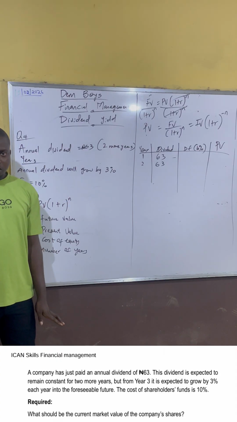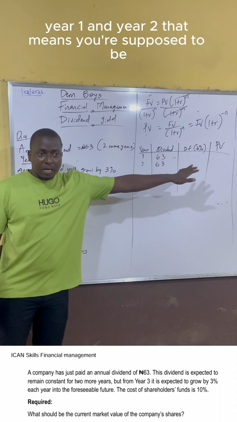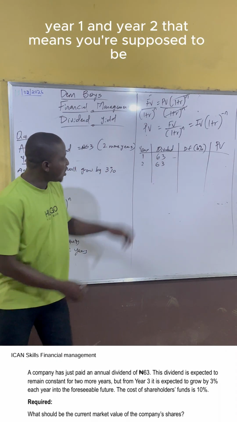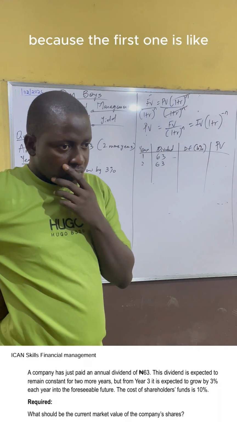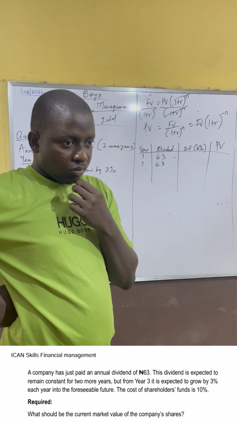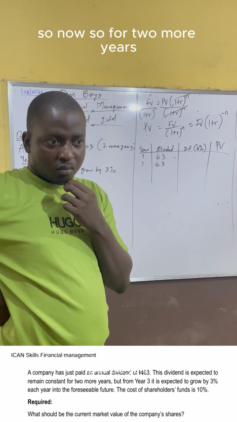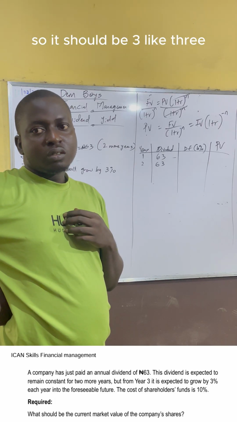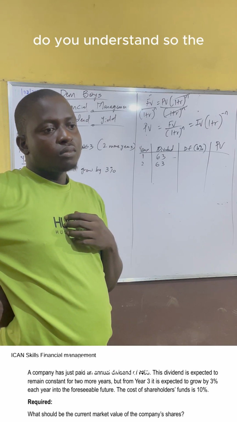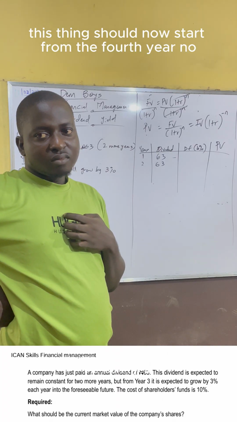Do you understand? That means the dividend for year 3 is supposed to be the 3rd year, because the first ones are there already. So this thing should now start from the 4th year.